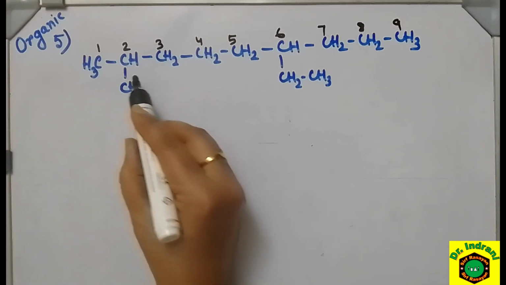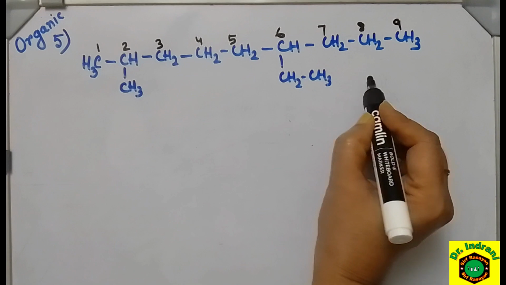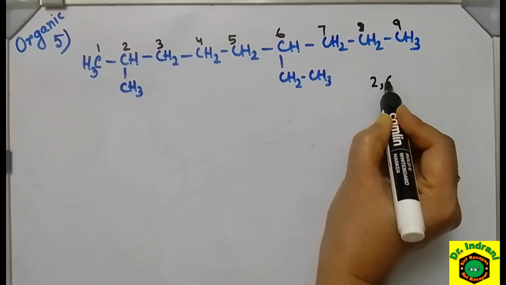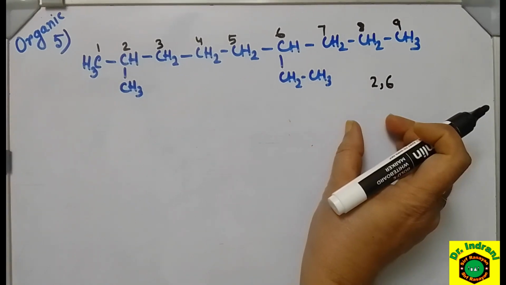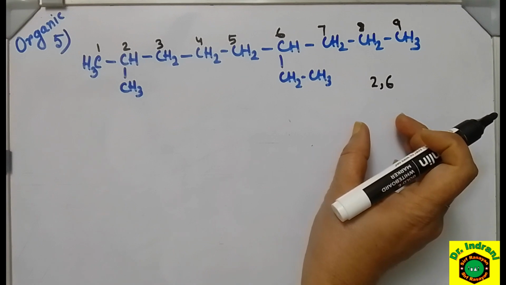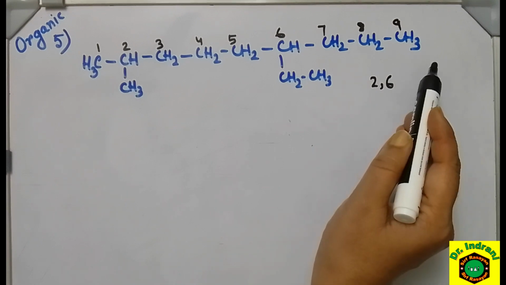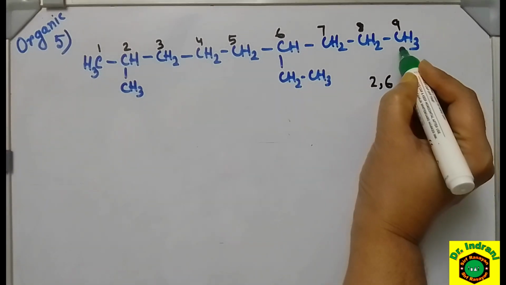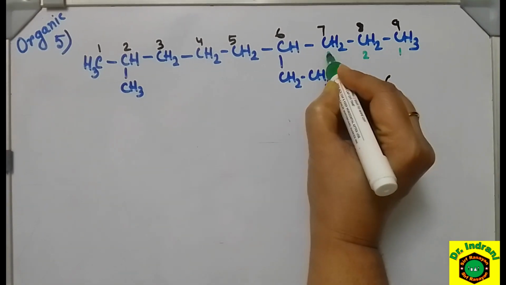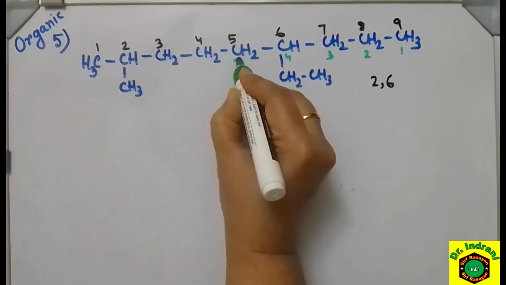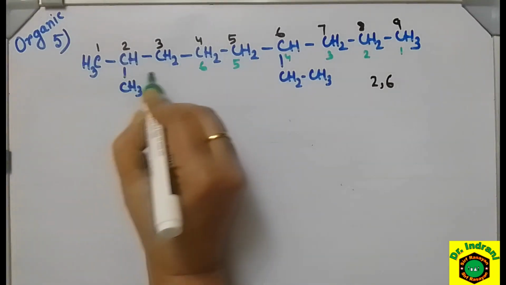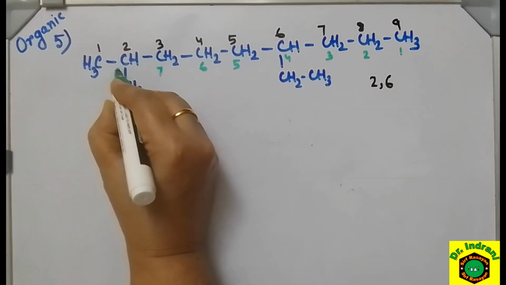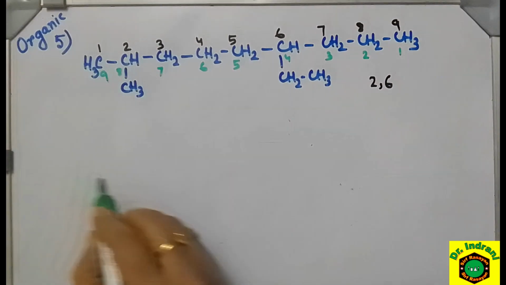So methyl substituent is at position 2 and ethyl substituent is at position 6. These are the set of locants here. Now if we do numbering from right to left, it will be 1, 2, 3, 4, 5, 6, 7, 8, 9.